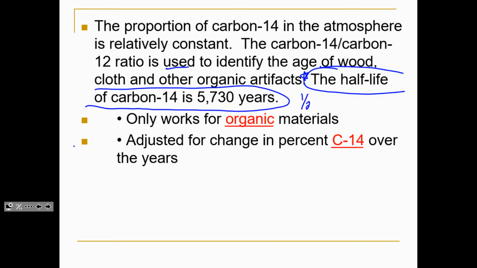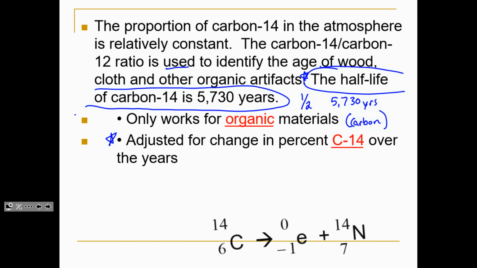So the time it takes to go through a half-life is a long time. And again, we can only use it for organic materials, which are things that contain carbon. If it doesn't contain carbon, then we can't use this. Now, this value is adjusted for change depending on the percentages of carbon-14 in the atmosphere and in the ground over different years.